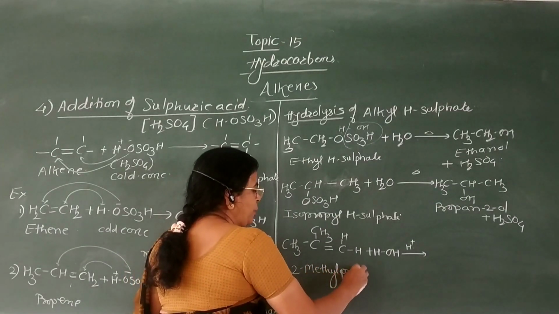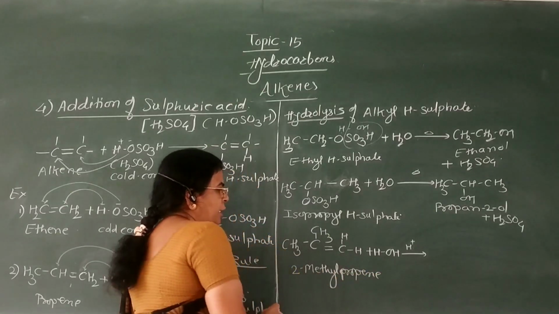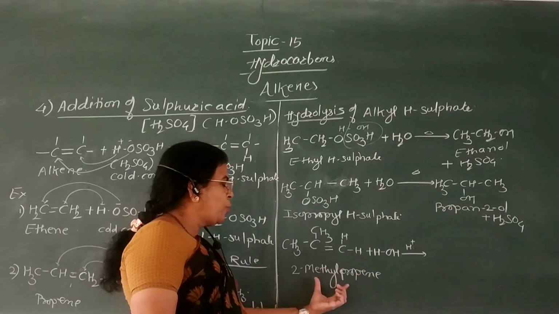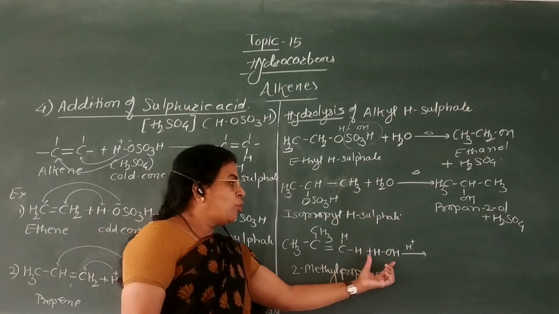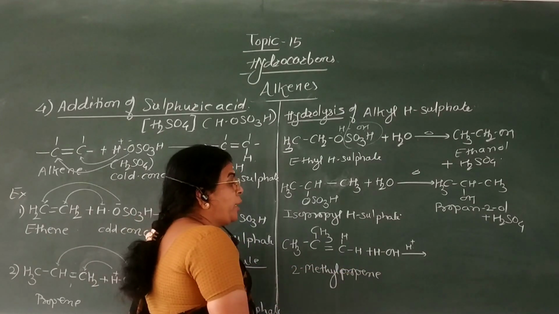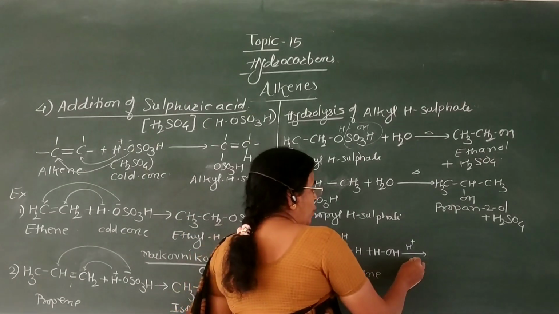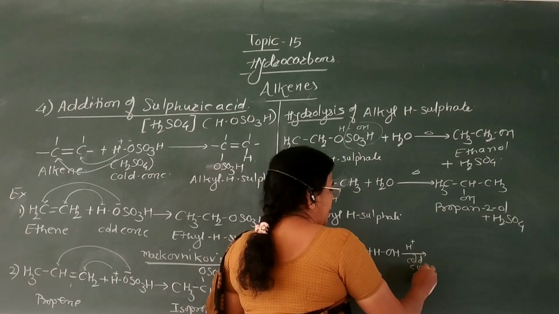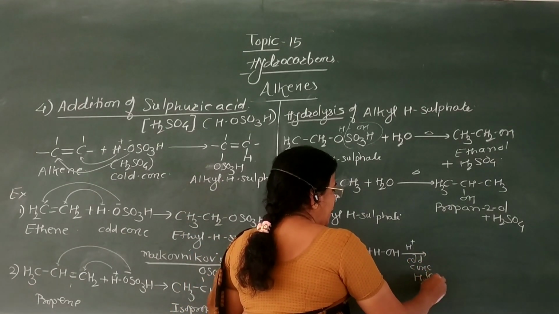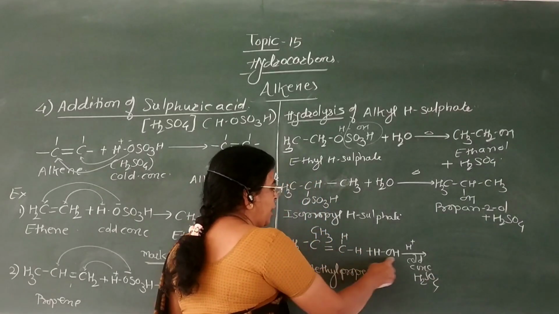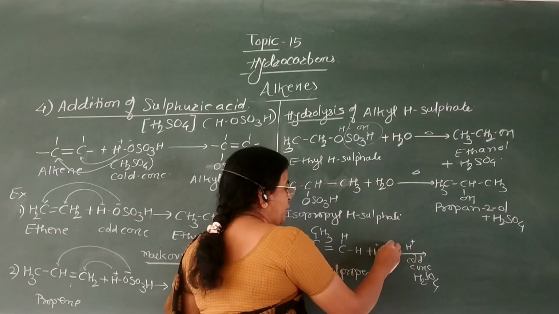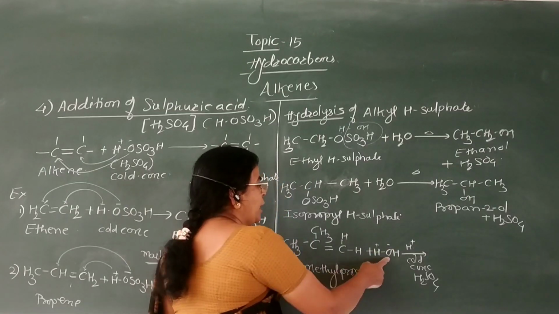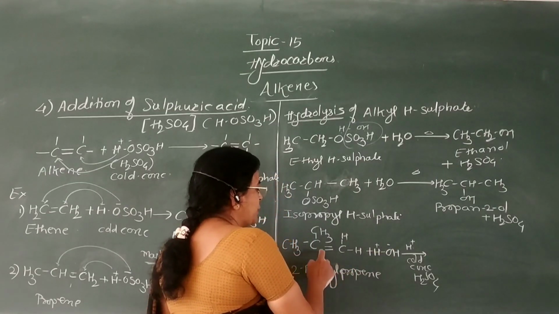Now this 2-methylpropene is a reactive alkene, and when it is treated with water in presence of cold and concentrated H2SO4, then direct addition of H2O or HOH takes place across the double bond of this alkene, where H is positively charged and OH is negatively charged.